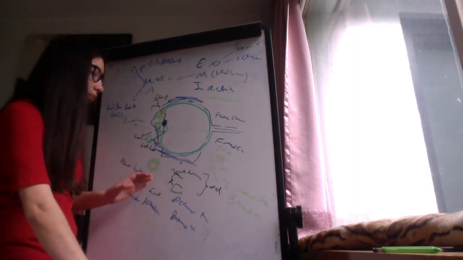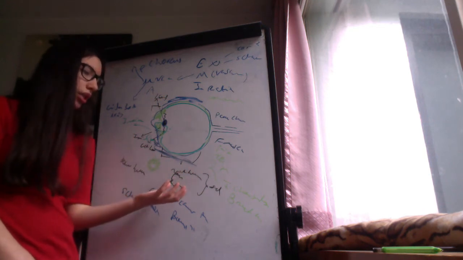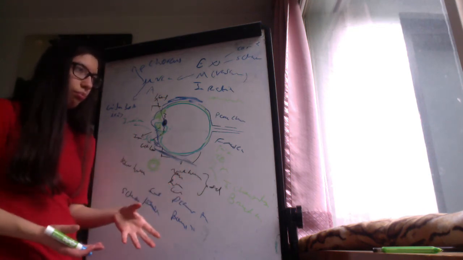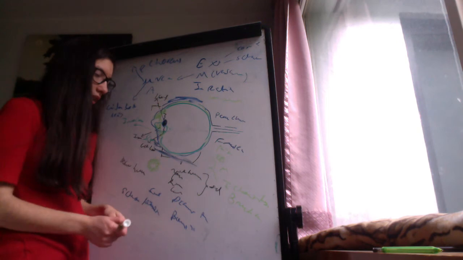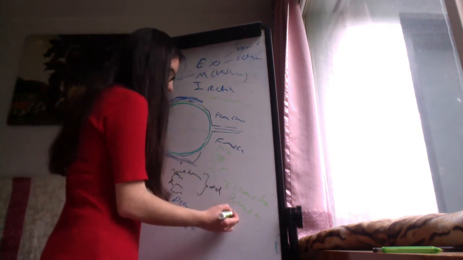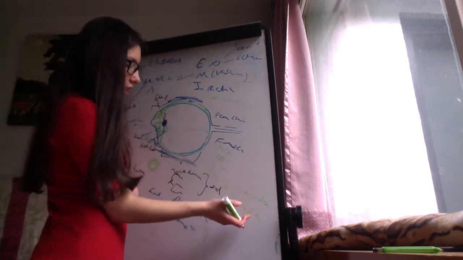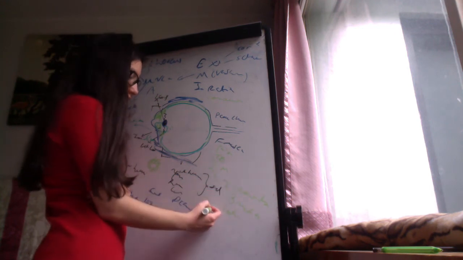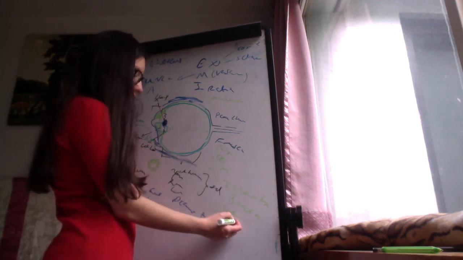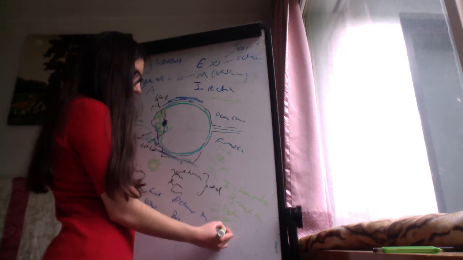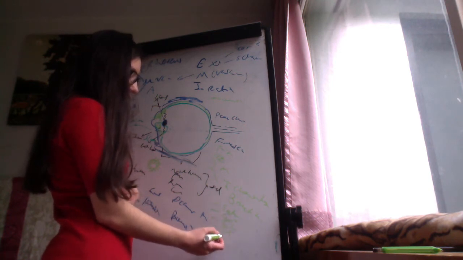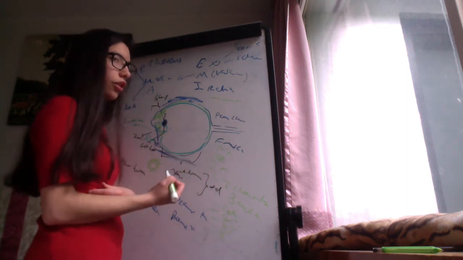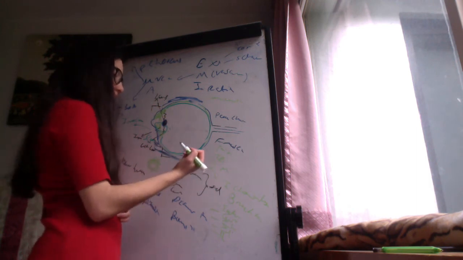Alright, so this Bruch membrane has 5 layers. The endothelium, that is the endothelium of this choroidocapillary layer, then a collagenous layer, an elastic layer, another collagenous layer, and the lamina of the pigmented epithelium of the retina.